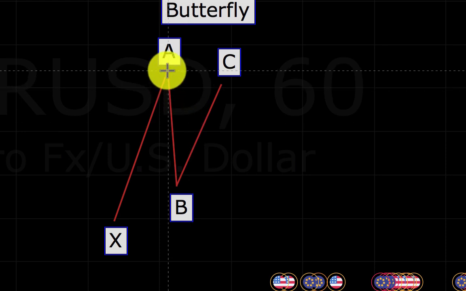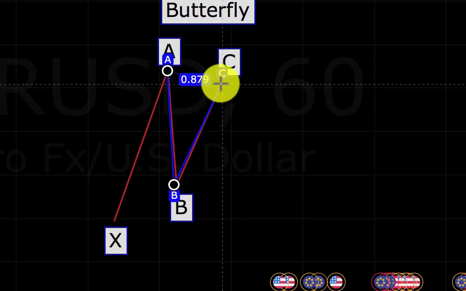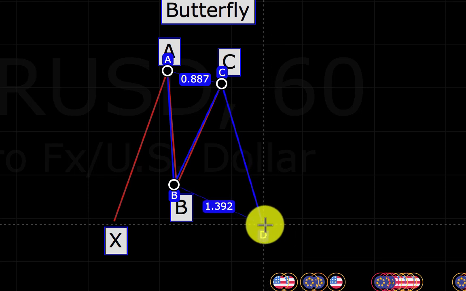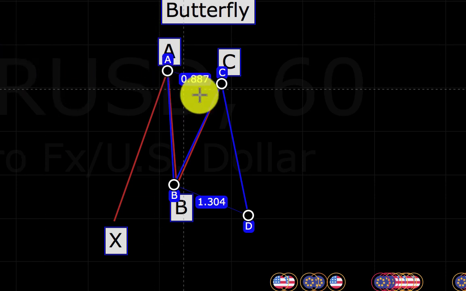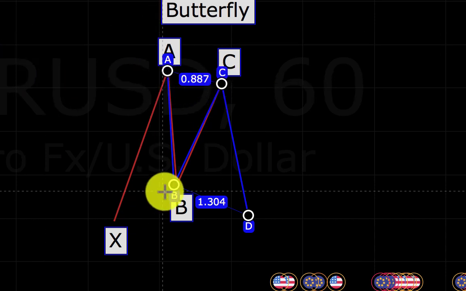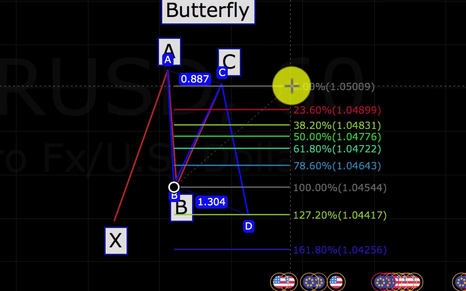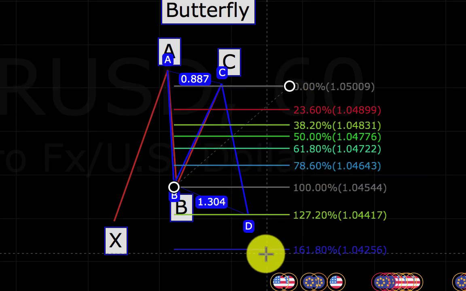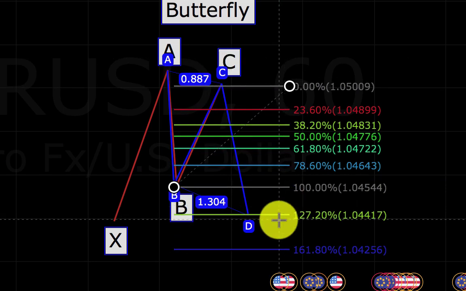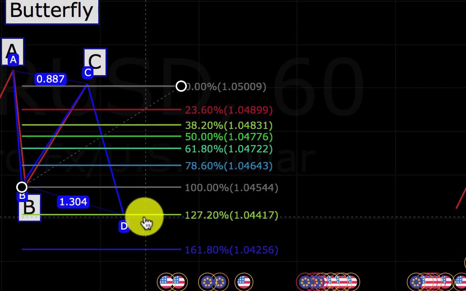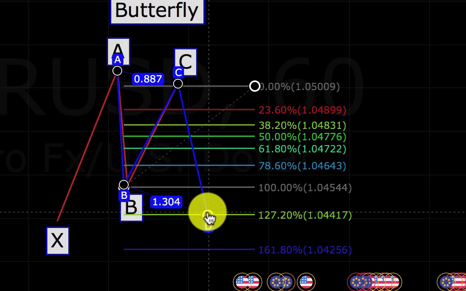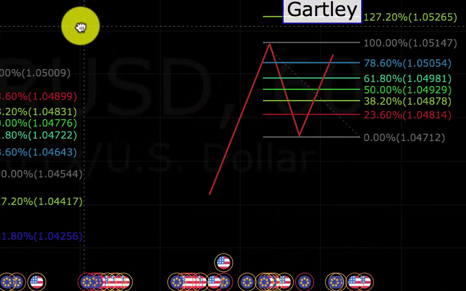So the butterfly will have an ABCD pattern, which has to be 127 to 161% of BC. Like for this one, that is allowed. This could be the requirements of the butterfly. It already has an ABCD. And let's go for the Gartley pattern.